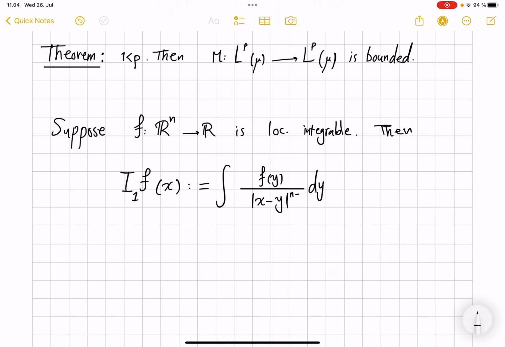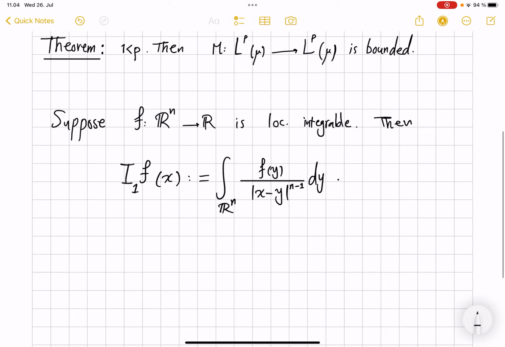If you had alpha, it would be n minus alpha. So this is the Riesz potential of order 1, and you do this integration over all R^n. So y is here, you integrate against it, and you get a value depending on x, which appears here, and that becomes your newly defined function.